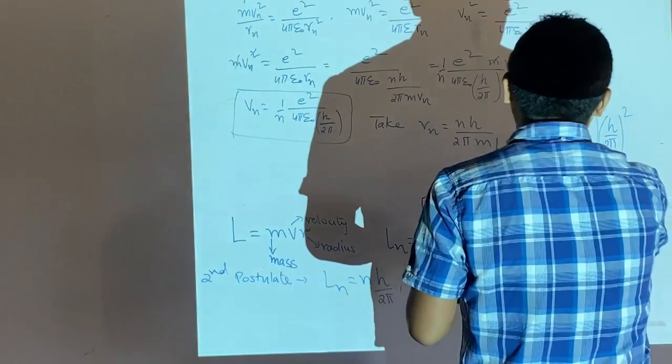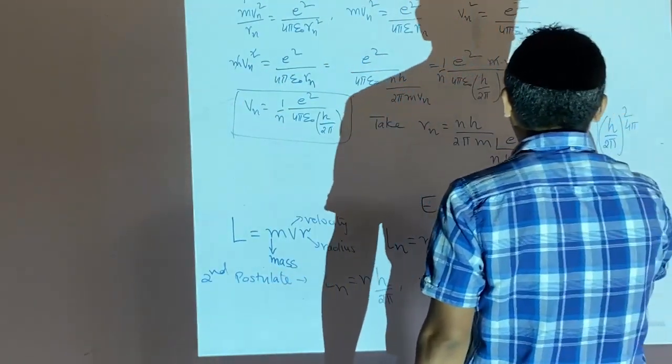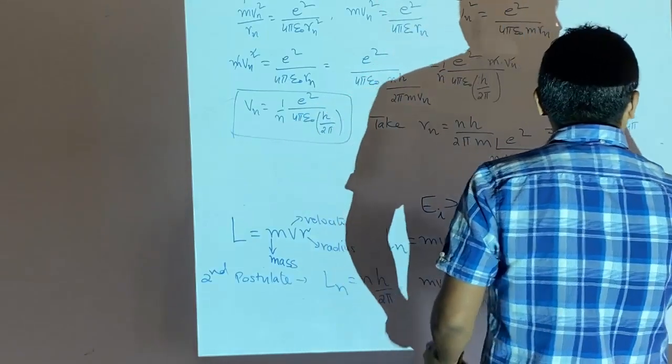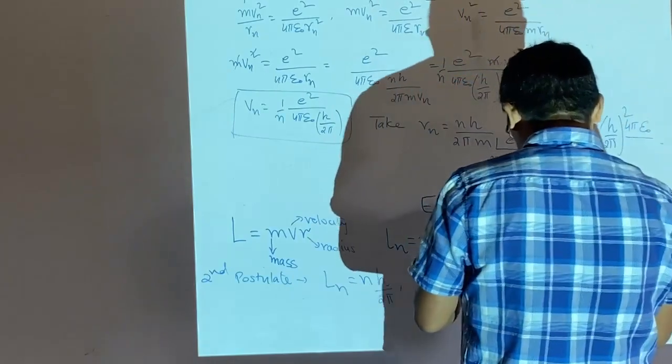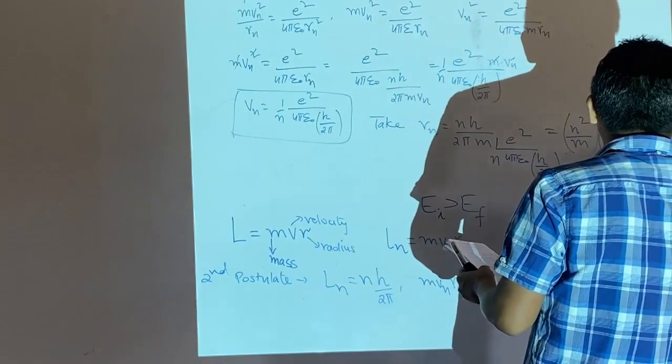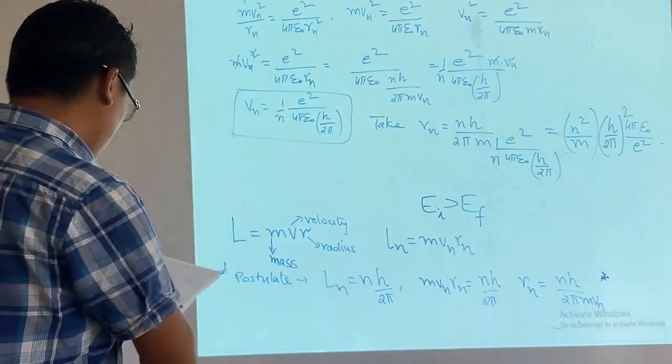Then this 4 pi goes up, and then epsilon naught divided by e square. So this is the value of Rn.